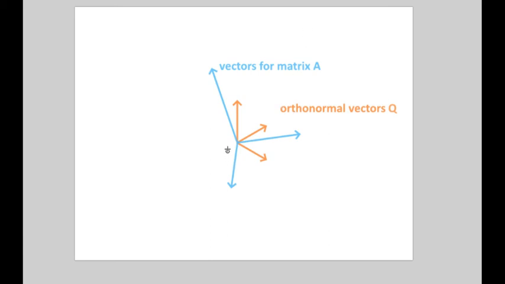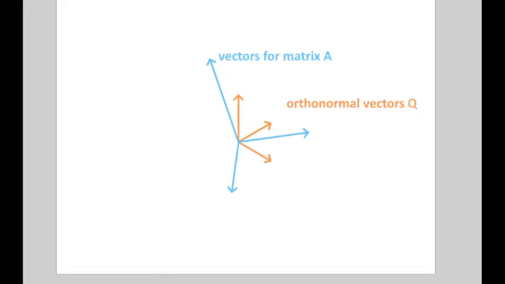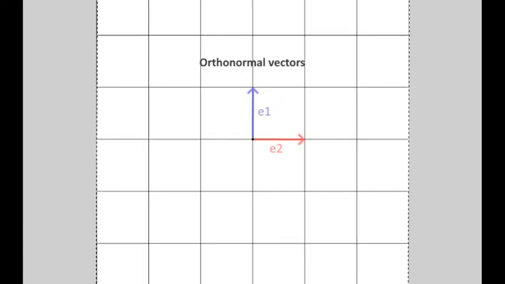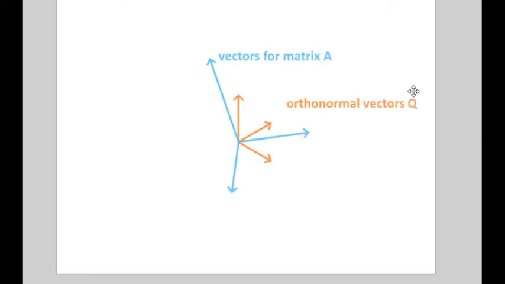As we mentioned earlier with the rotation, all orthonormal vectors are just rotations of the standard basis vector. In 3D it's going to be a bit tricky, but it's exactly the same.